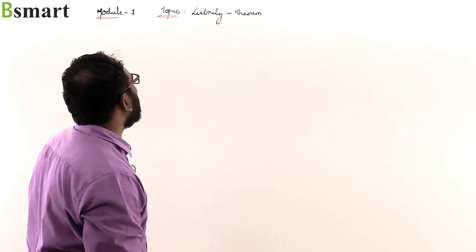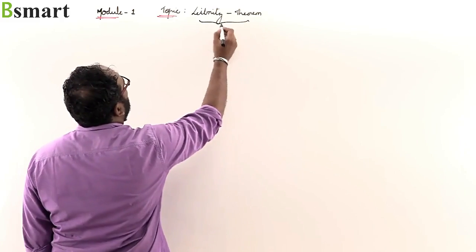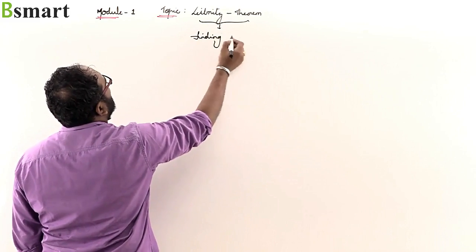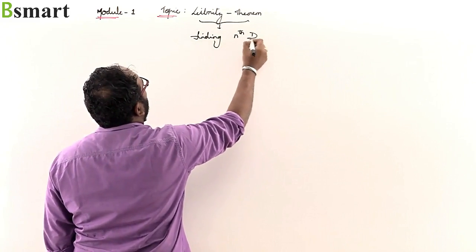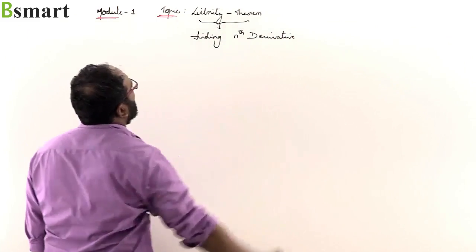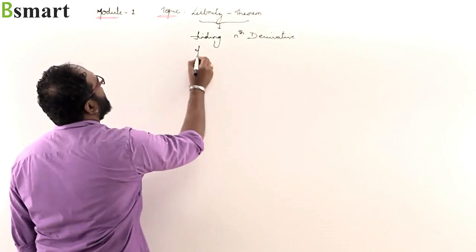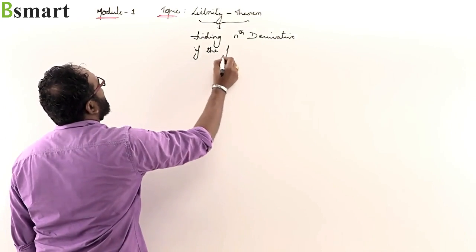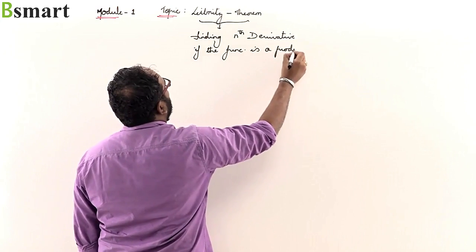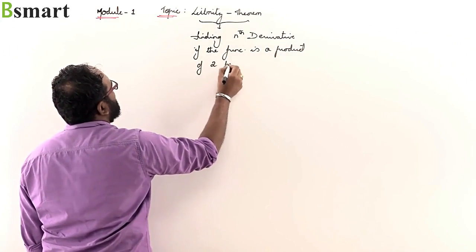Now we are going to learn about the Leibniz theorem, which is used for finding the nth derivative. Leibniz theorem is used for finding the nth derivative if the function is a product of two or more functions.